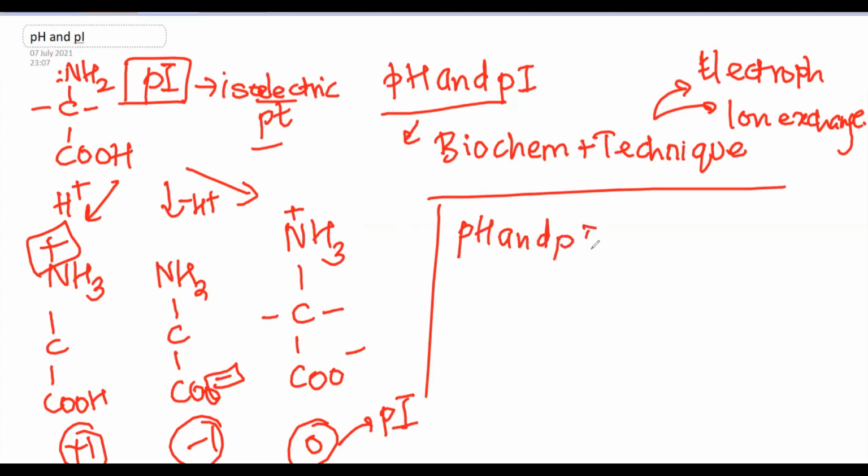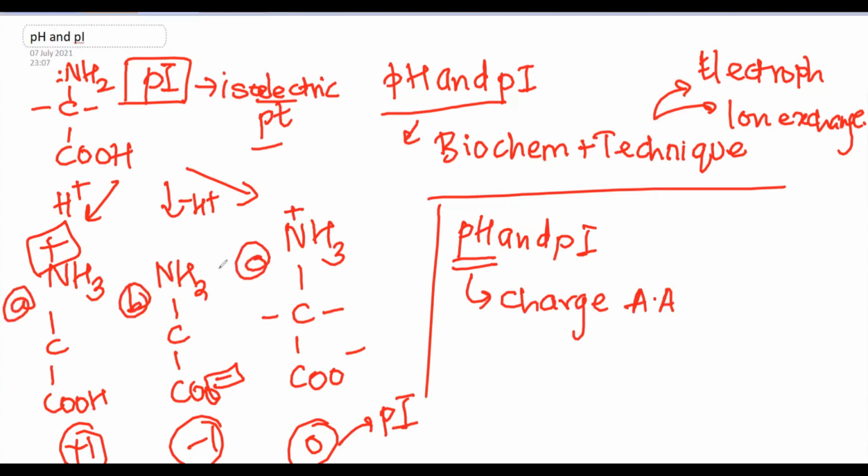Depending upon the pH, you can tell what the charge on your amino acid will be. As we just discussed, the amino acid has three different possibilities. It can be in the A structure, B structure, or C structure. What decides which structure the amino acid is in? The answer is the pH. The pH would decide the charge on an amino acid.